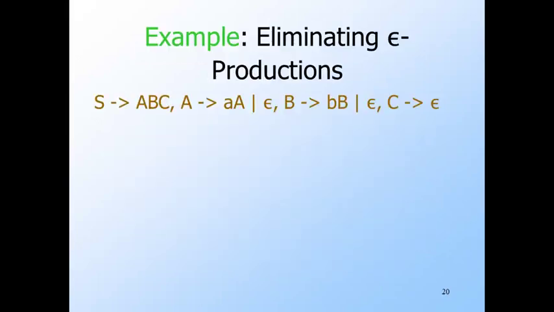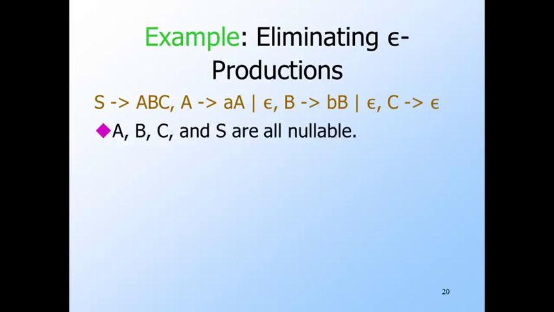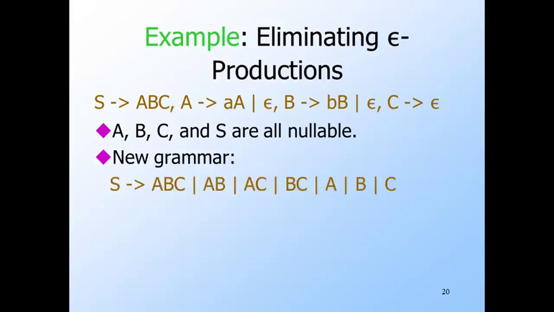Here's an example grammar. Each of A, B, and C are nullable because they have epsilon productions. Thus, S is also nullable because of its production S goes to A, B, C. Let's construct the new grammar. For the S production, there are 7 subsets of nullable positions that we must use.